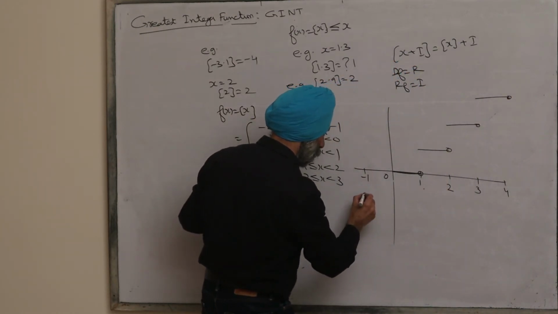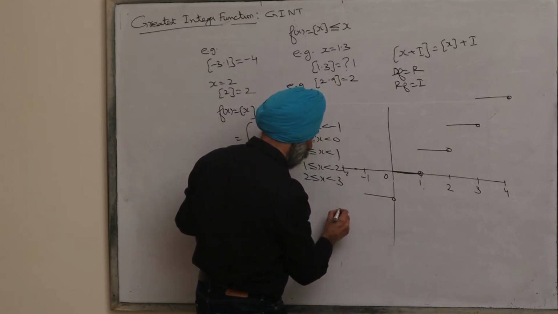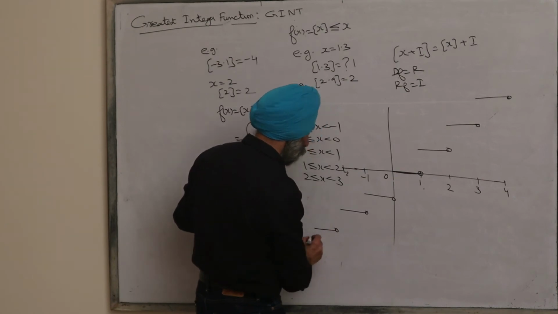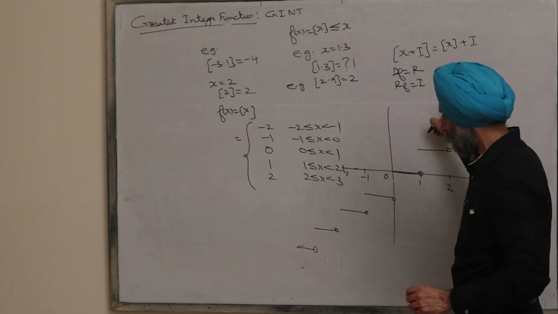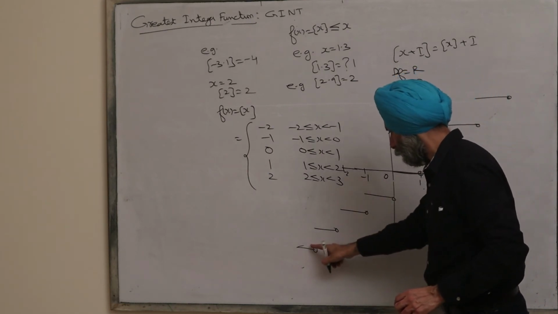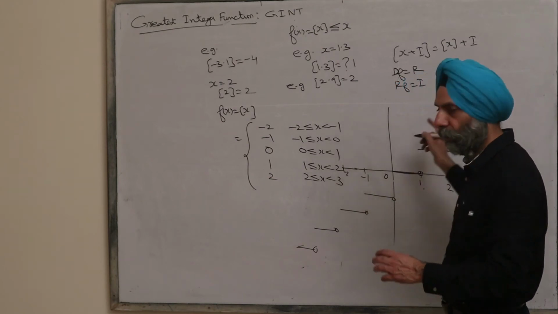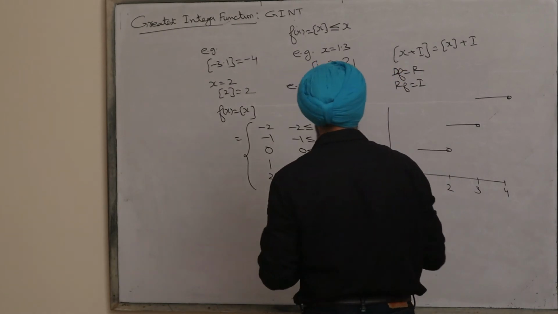Minus 1 to 0, it is minus 1. Minus 2 to minus 1, so this is the graph. You can see here, this is the graph of your greatest integer function. Sometimes it is also called the step function because you can see that steps are being formed here.